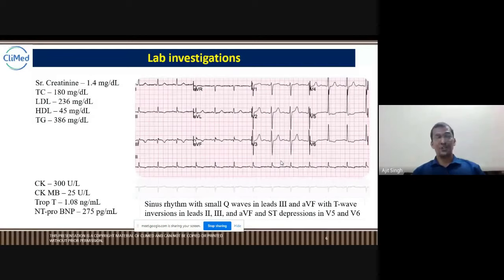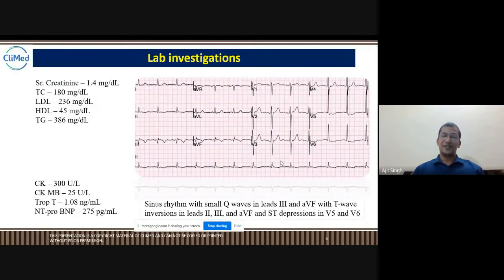In premenopausal women, up to 5 years after menopause, it should be less than 300 pg per ml. So this lady is also menopausal, 3 years back. I did not mention this earlier, but this lady is in the menopausal phase.